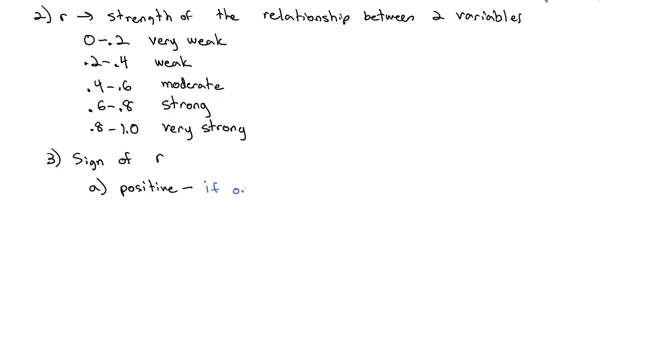If one variable goes up, the other goes up as well, positive. They're both going in the same direction. In other words, we're going to see dots going kind of like the examples we saw up above. As the x gets larger, the y gets larger, we're going in the upward trending direction.